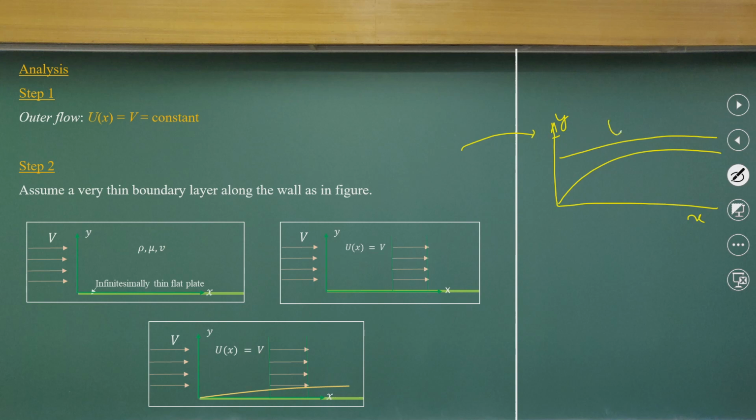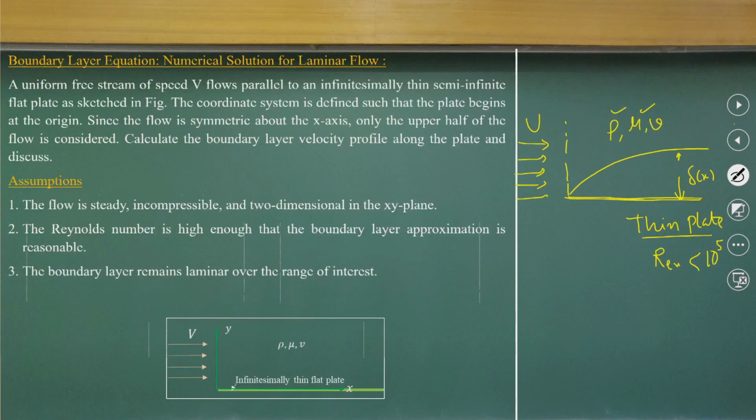The velocity U in the outer region, V, is a constant.